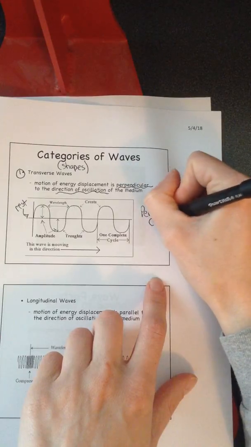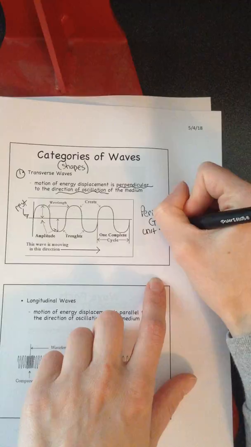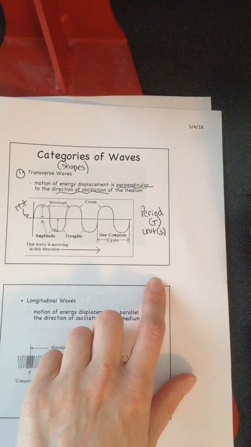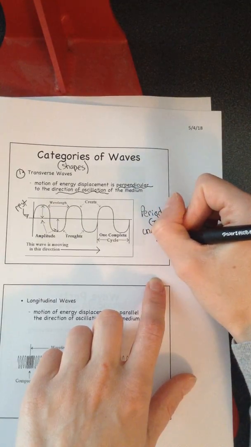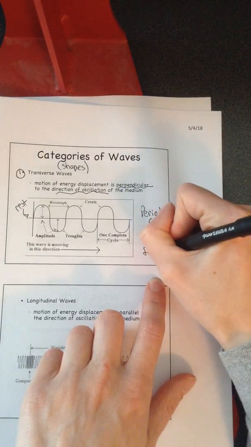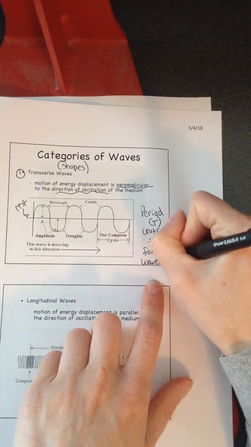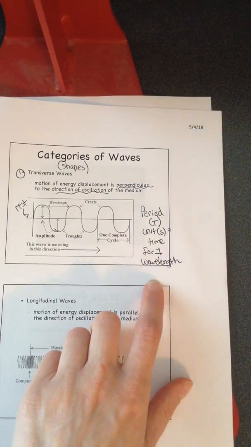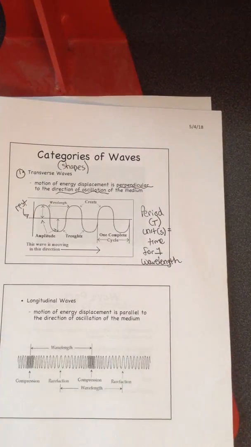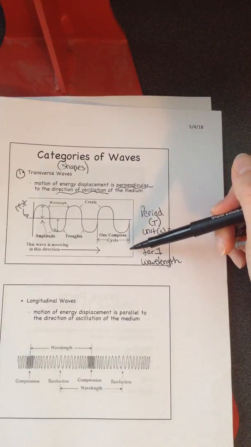Period has a symbol of T, and remember, the unit of a period is s for seconds. If you recall, that is the time for one wavelength, so the time it takes for one wavelength to pass through. And as you can see, it's diagrammed on here for you.